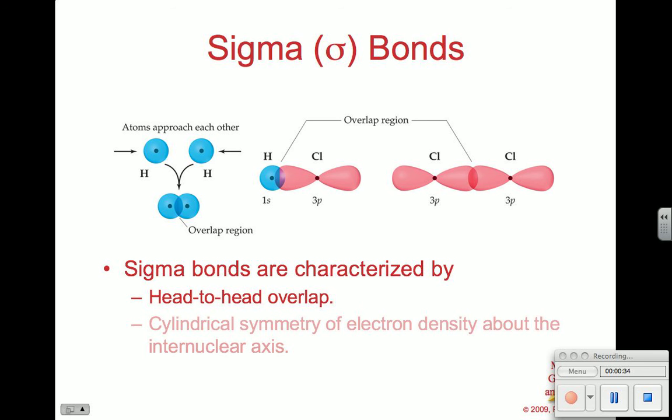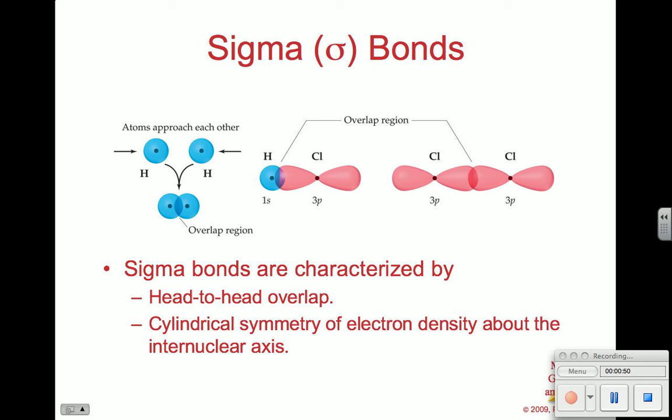Now, one form is what's called a sigma bond. A sigma bond is when you basically have a head-to-head overlapping and the electron densities are on the axes even with where the nuclei are.